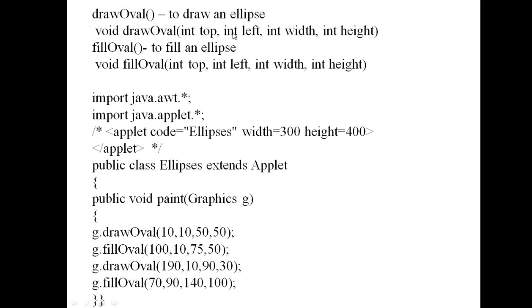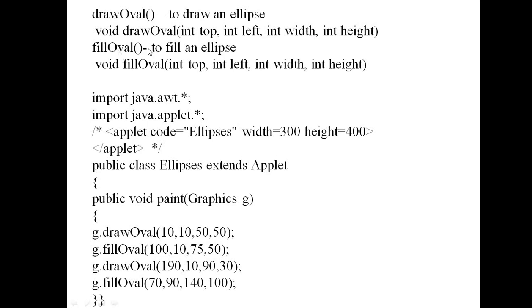So this is the coordinate where to start drawing the oval. Then we will be specifying width and height. So it will be just like a rectangle. So inside that rectangle an oval is drawn considering the height and width of the specified rectangle value.